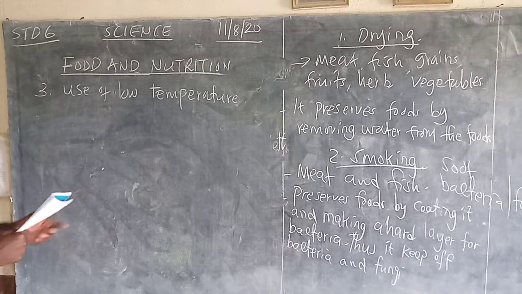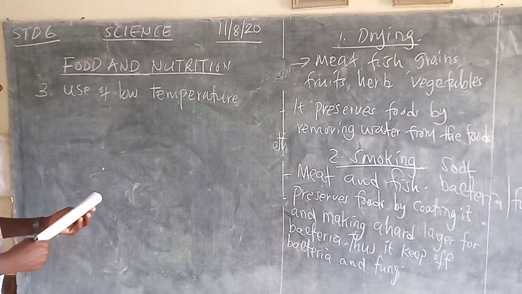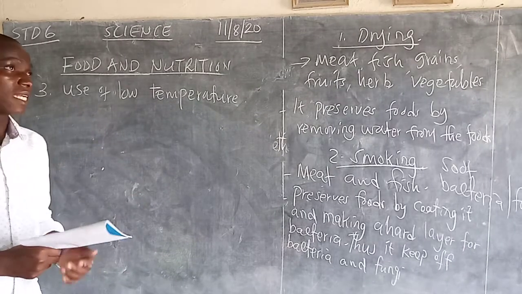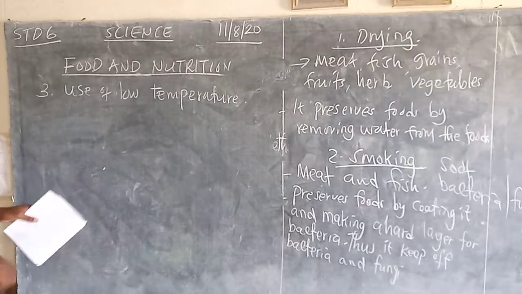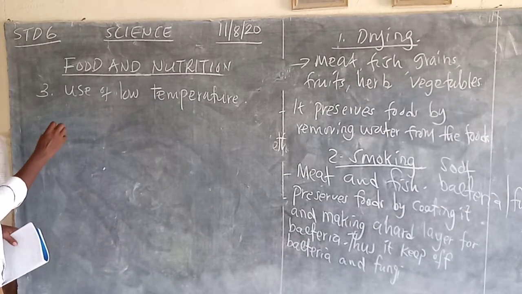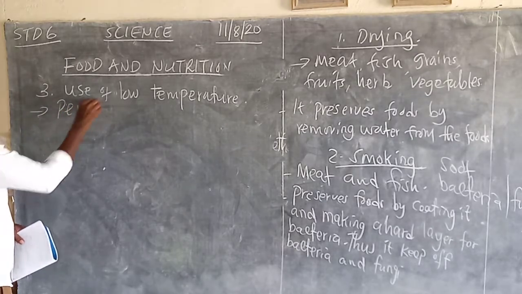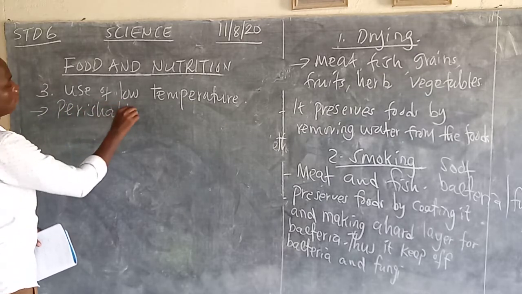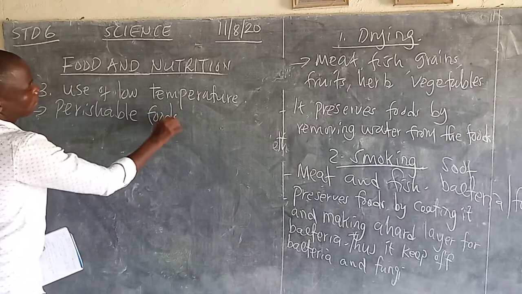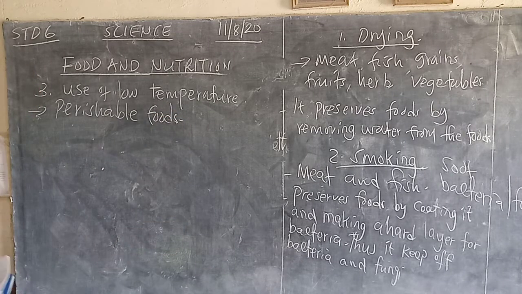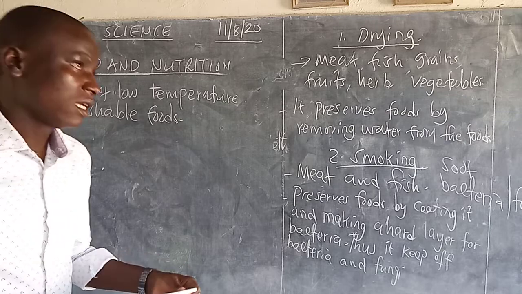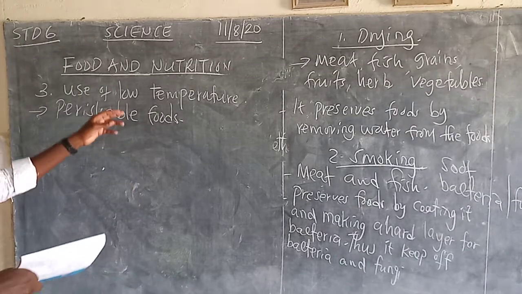So, examples of food that can be stored under low temperature: any food that is highly perishable. It's used to preserve perishable foods. Any food that is highly perishable will best be preserved by the use of low temperature.